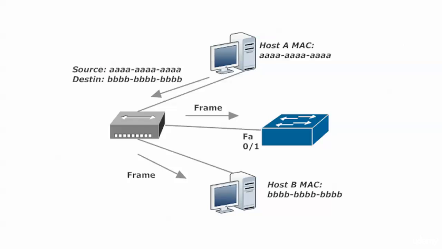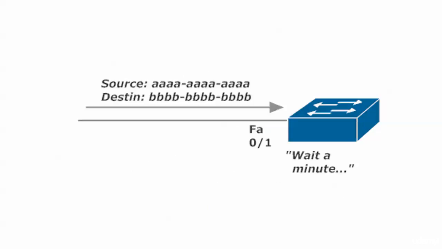Host A sends that frame, the destination is all B's as well. The hub is not even reading that, because our hub is a layer 1 device. So it's just a multi-port repeater. It's like, hey everybody, here you go. Everybody that's connected gets one of these. And the host, the intended destination, host B, does get the frame, but so does the switch. And the switch looks at that incoming frame and says, wait a minute.